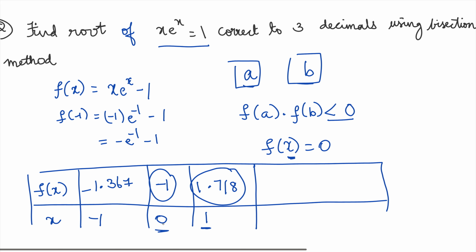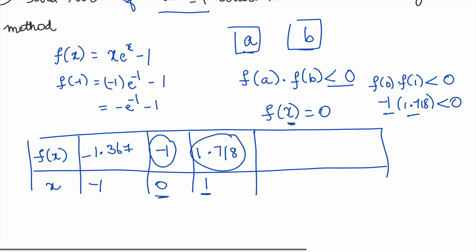So f of 0 into f of 1 is less than 0, because f of 0 is minus 1 and f of 1 is 1.718. So our interval is 0 and 1.